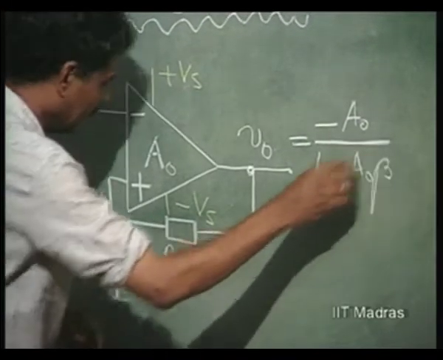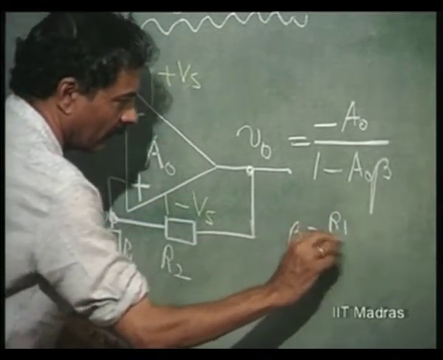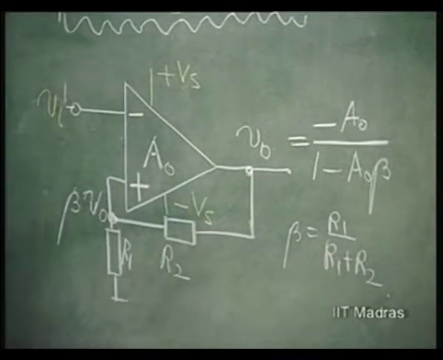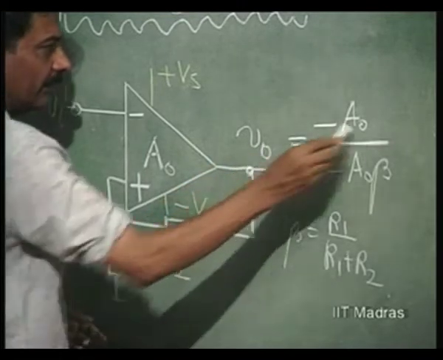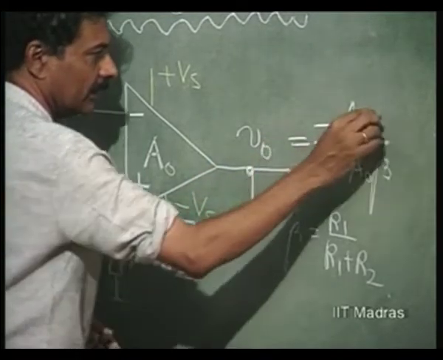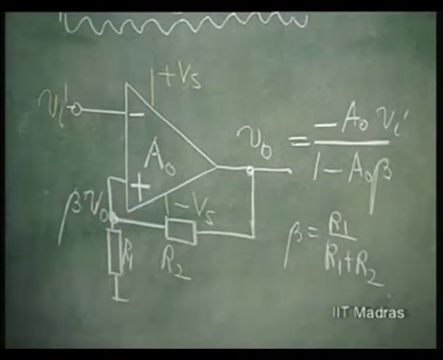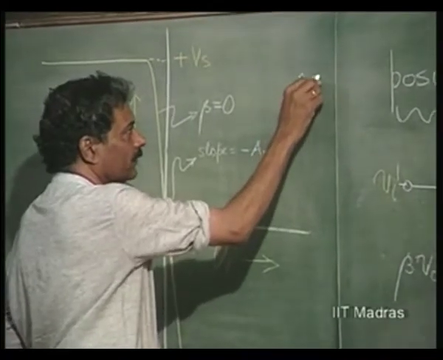So, beta is R1 by R1 plus R2, attenuation factor by the passive network. So, the gain of the amplifier after feedback is going to be minus A naught by 1 minus A naught beta. This is positive feedback situation, and we said consider beta equal to 0.